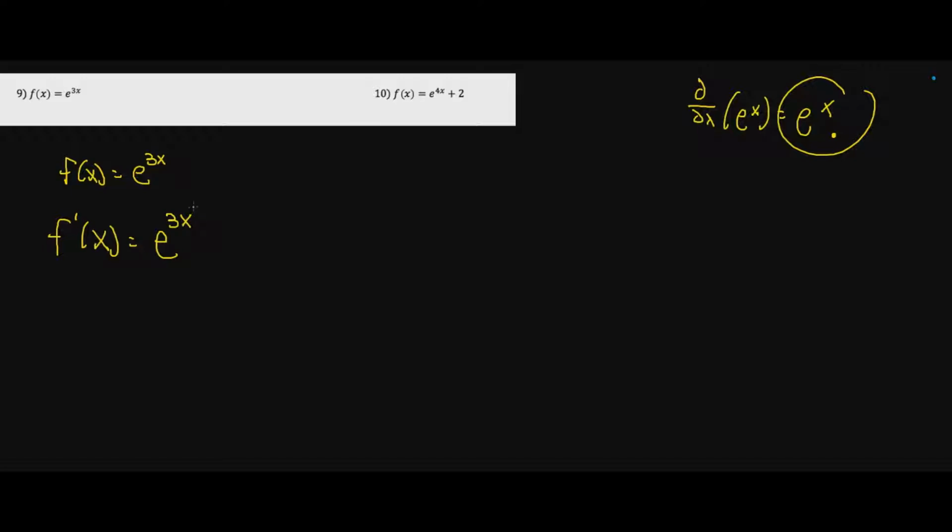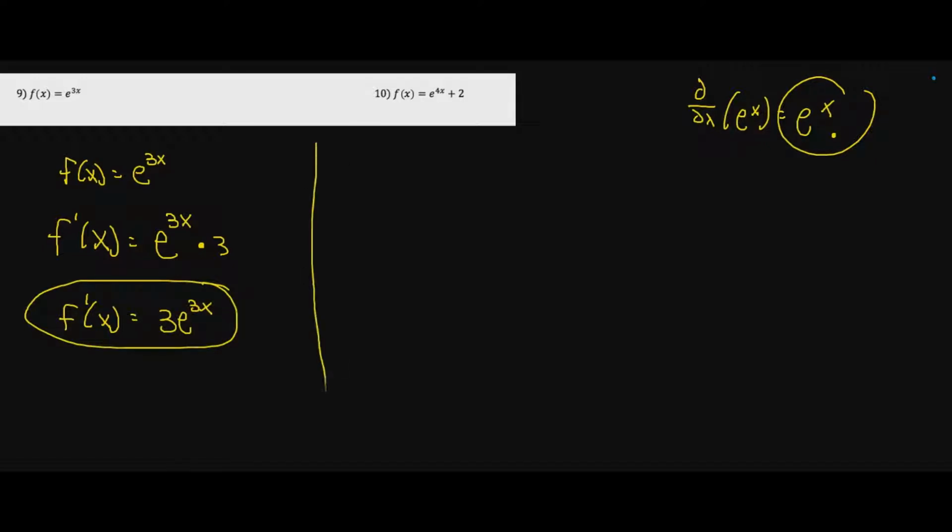But keep in mind, we have to take into account this 3x. So the derivative of e to the 3x is e to the 3x, now multiplied by the derivative of the inside portion. What's the derivative of 3x? Well, it's 3. And so we get f prime of x is equal to 3e to the 3x. And there's your derivative function.